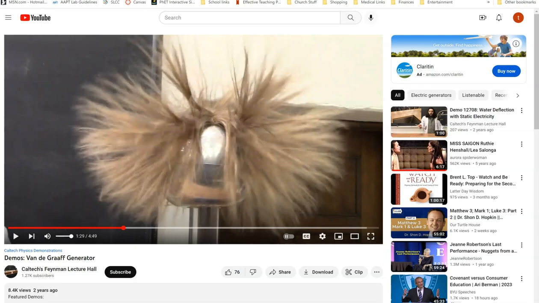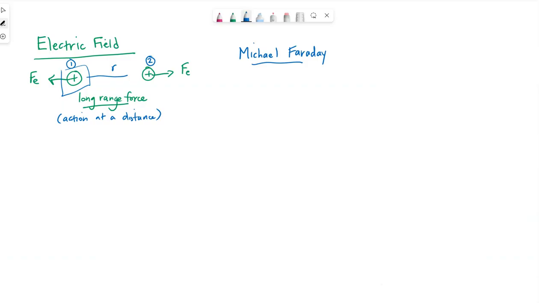So electric field is what we're talking about here. It's a way to describe, for example, that sphere on the Van de Graaff generator. I can't recall if a Van de Graaff generator ends up positively charged or negatively charged. I'll just go ahead and work with positive. The electric field would look somewhat along the lines of what we're seeing that those hair fibers do.